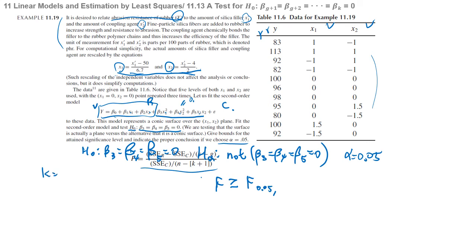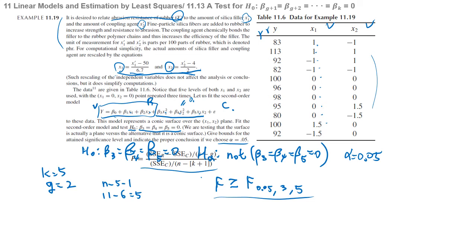K is 5 and g is 2, and so k minus g is 3, and n minus k minus 1 is n minus 5 minus 1. N is 1, 2, 3, 4, 5, 6, 7, 8, 9, 10, 11. 11 minus 6 is 5. So 3, 5. This is our decision rule.